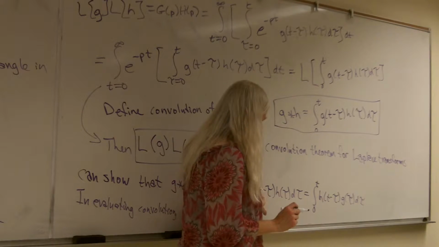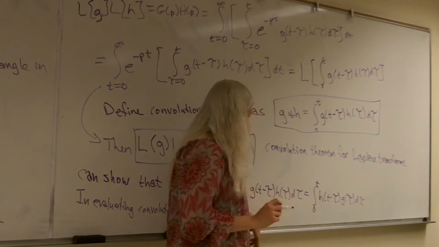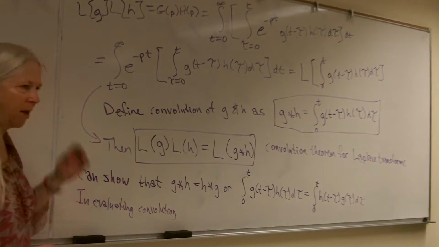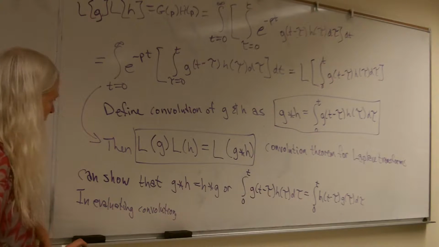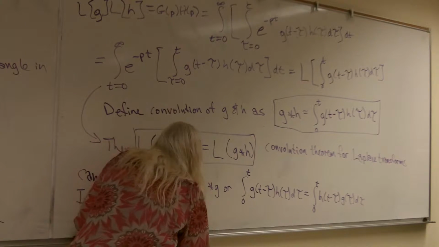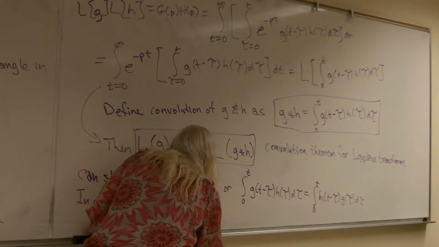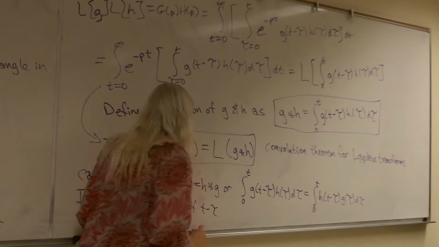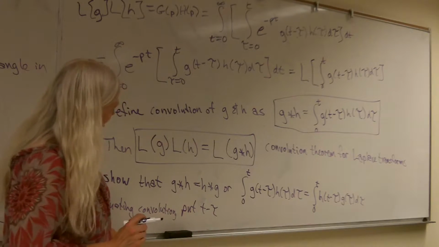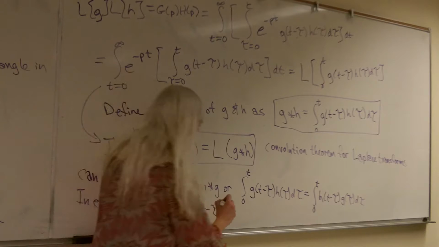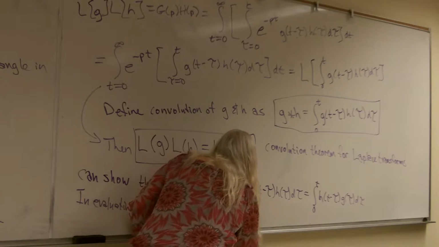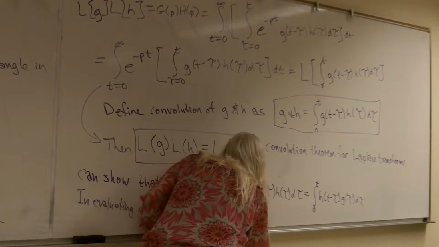The difference between the functions g and h here is their arguments. One has an argument tau, the other has an argument of t minus tau. So t minus tau is a more complicated argument, so it's probably going to be a simpler integral to do if we put that t minus tau argument in whichever function is simpler.